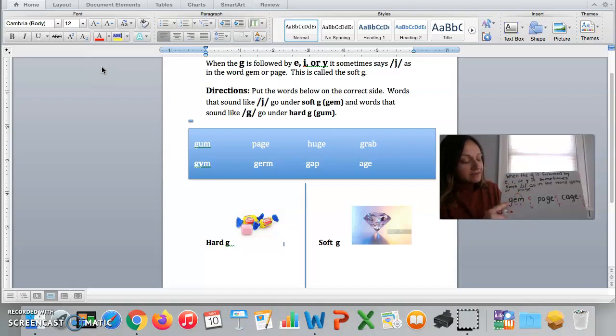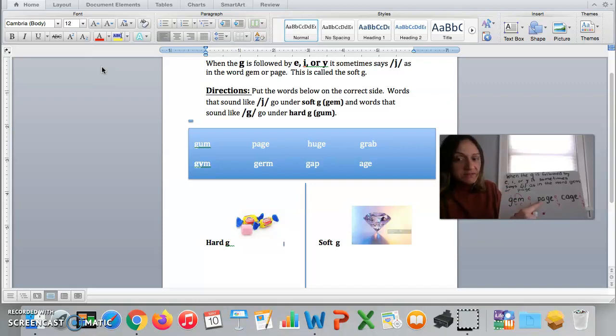And now I look here and I see G. Next to my G, I see an E. So when there's an E, I, or Y after my G, it will make the J sound. And I take my marker and I put a dot on top of the G so it can remind me to say J. And then we read the word gem.